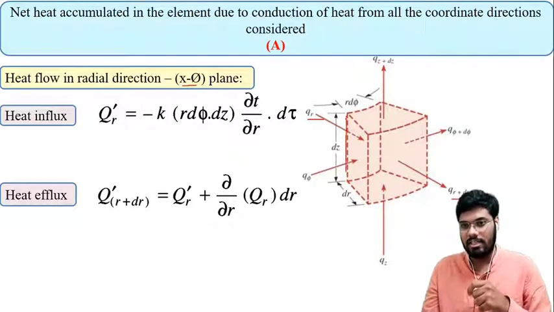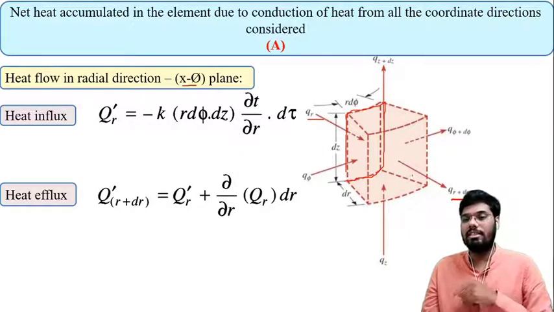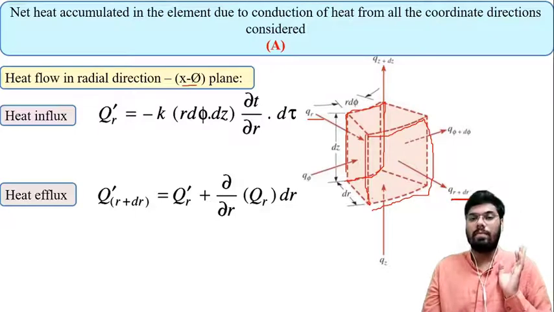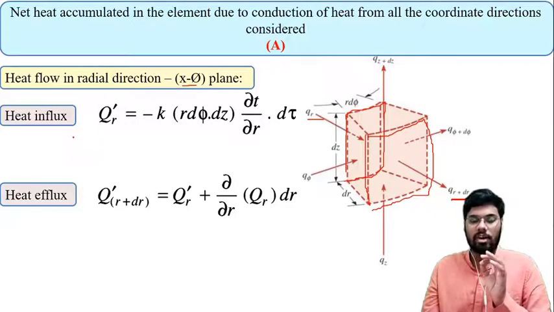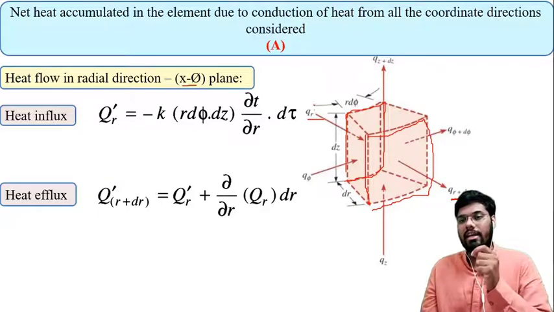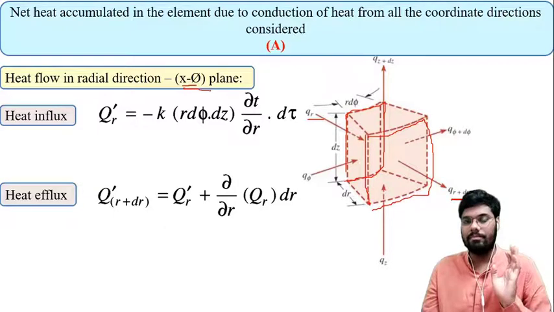You can see that this is the face from which qr enters, and qr plus dr is the amount of heat which exits from this volume through this face in the same time interval d tau. So this is the heat influx in the radial direction.